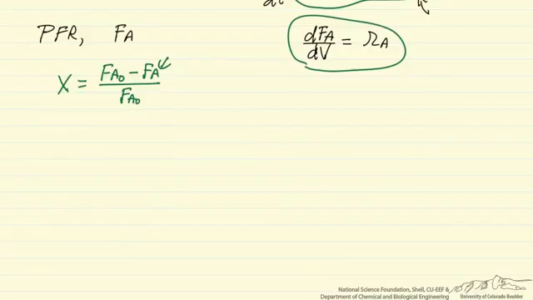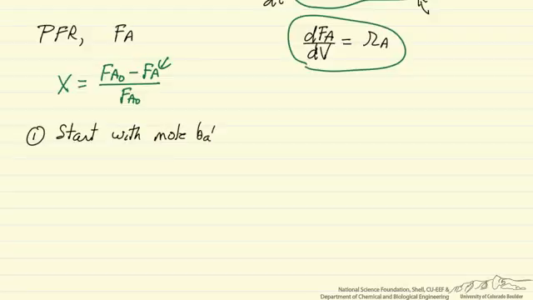So our general approach to solving mole balances in reactors is, first, we start with the mole balance and we write as many mole balances as we have species in the reactor. Next, we substitute into these equations for the rate of reaction.